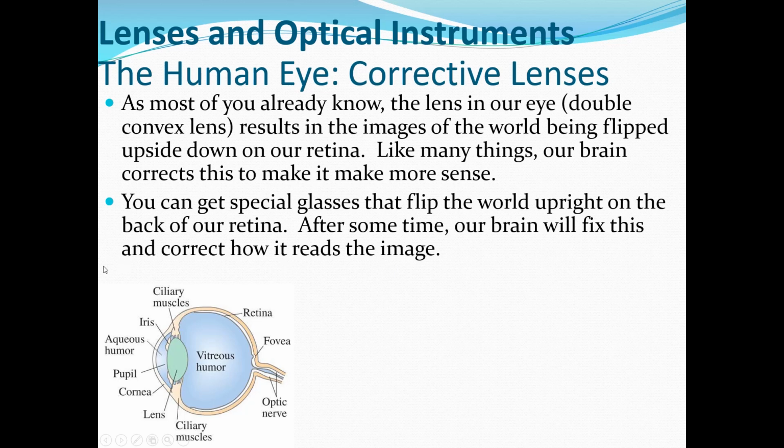As you know, I didn't mention this, but because this is a convex lens, or a converging lens, as we know, light coming through a converging lens will actually create an image that's inverted. So everything that's in front of you is technically inverted on the back of your retina. Our brain, when it takes this information, knows that it has to correct that.